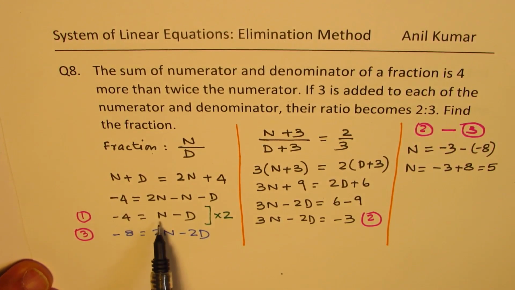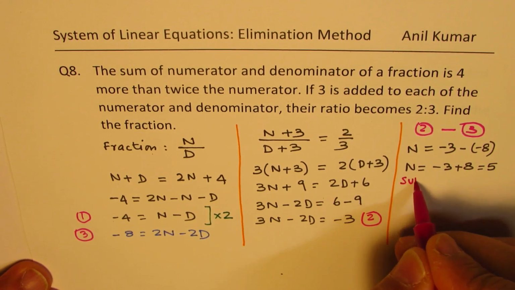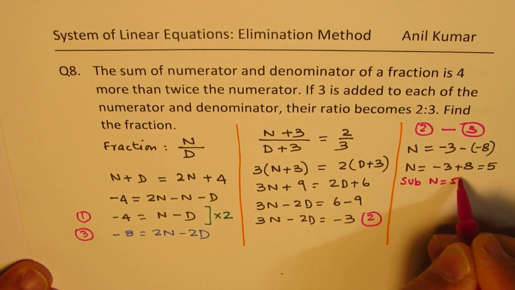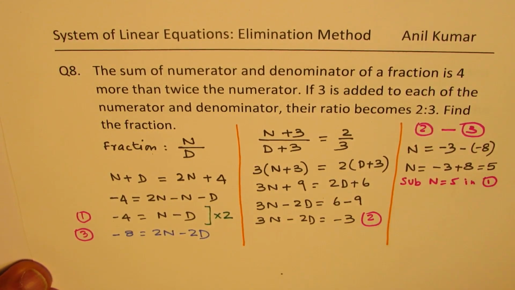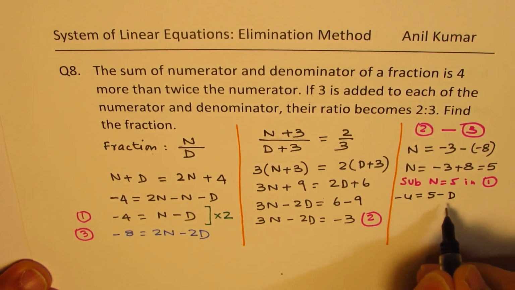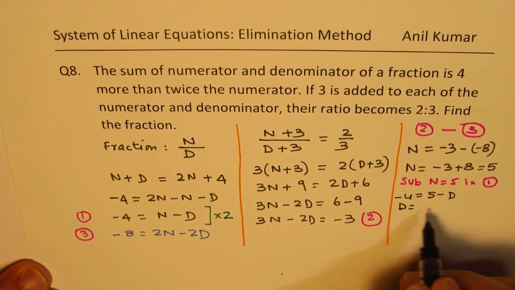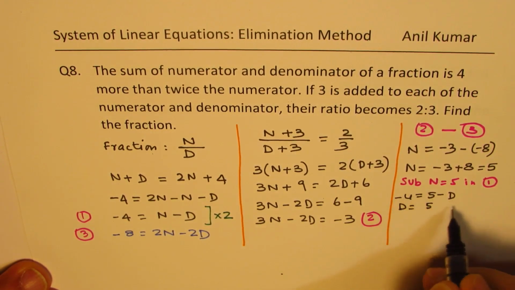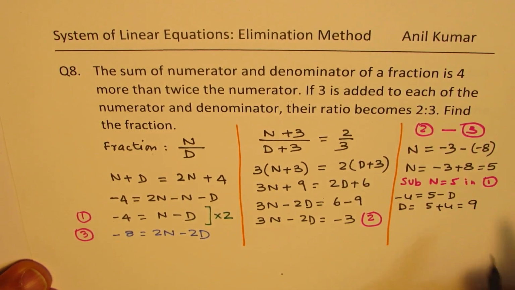Now we can use one of our equations and find the denominator. So we'll substitute n equals 5 in, let's say, equation 1. If I write 5 here, I get minus 4 equals 5 minus d. So it becomes d equals 5, and then 4 comes this side, becomes 9, right?